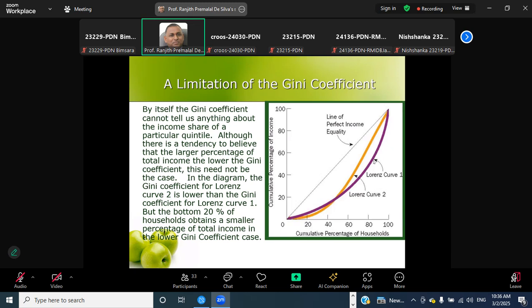So if you take, for example, the population of Sri Lanka, you have the population value for each district.